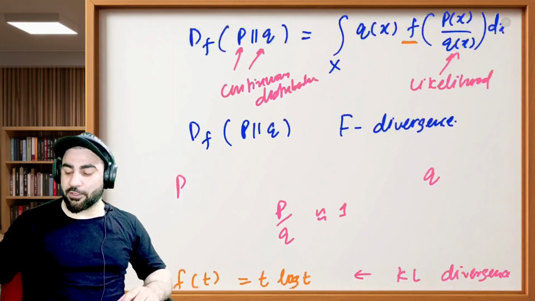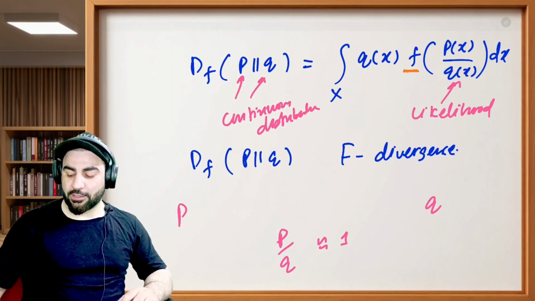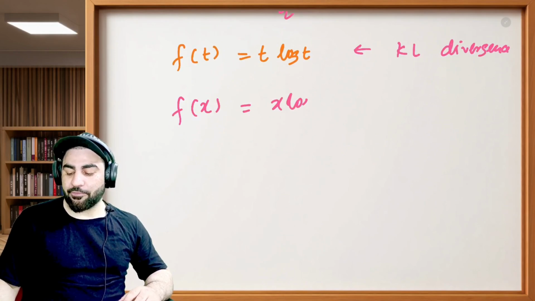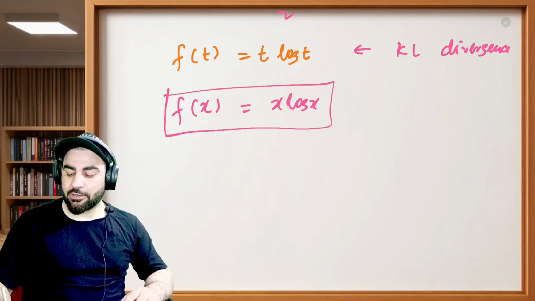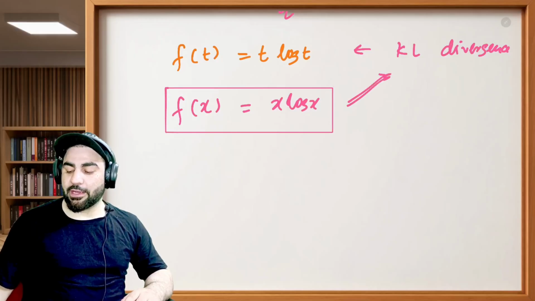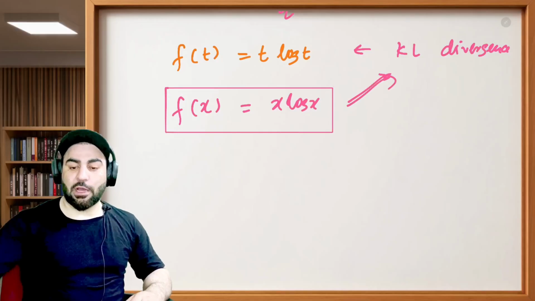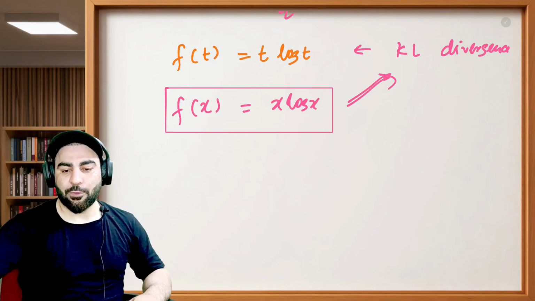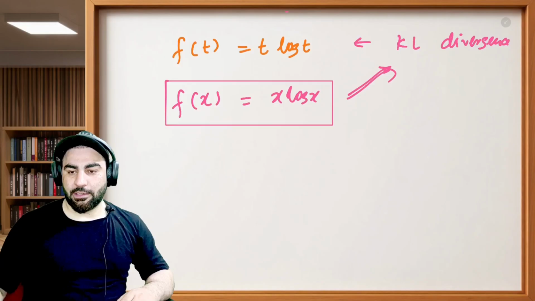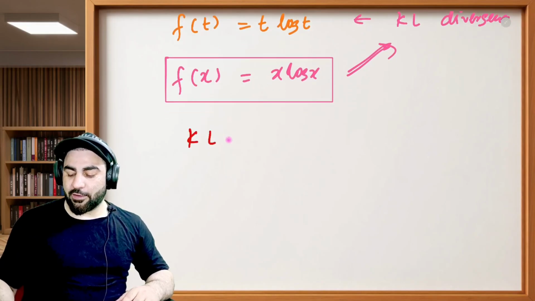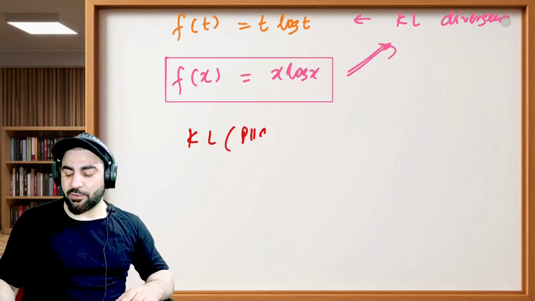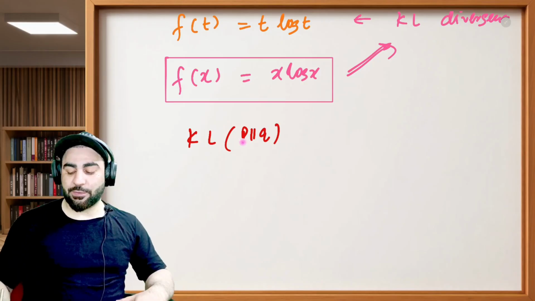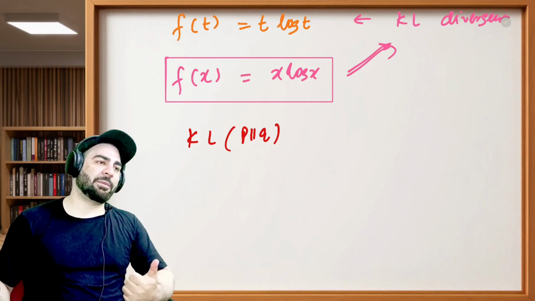So here you have f of p of x over q of x. In this case, f of x is x log x. If you use this function, you will get this KL divergence. Now let's go to KL divergence. If you are given two distributions p and q, it can be for the discrete case or the continuous case, because p and q can be discrete or continuous random variables.